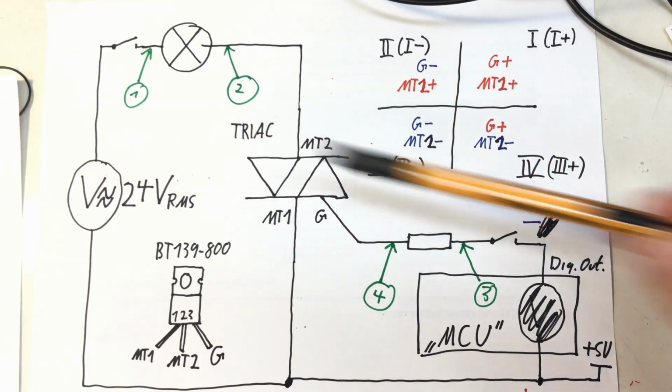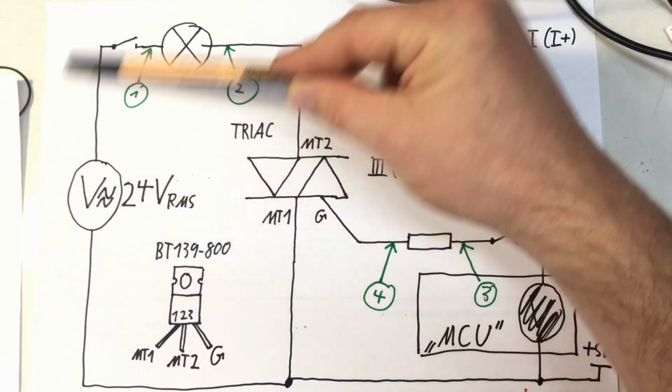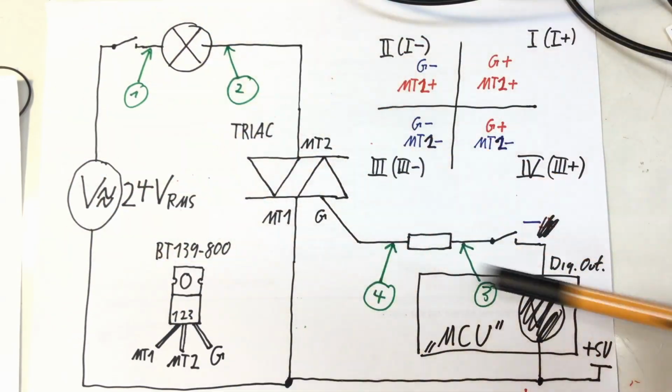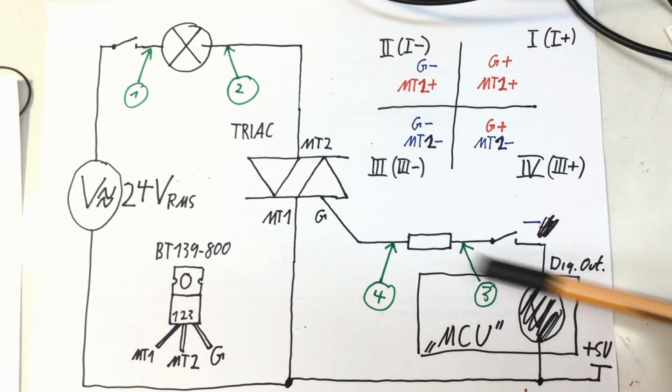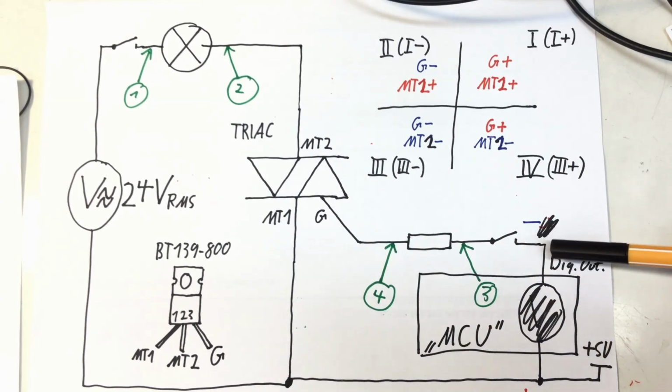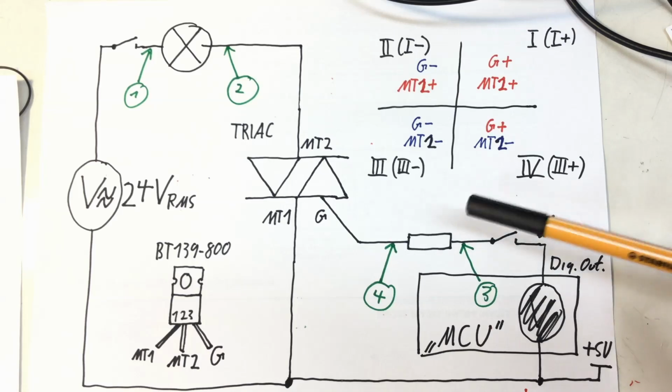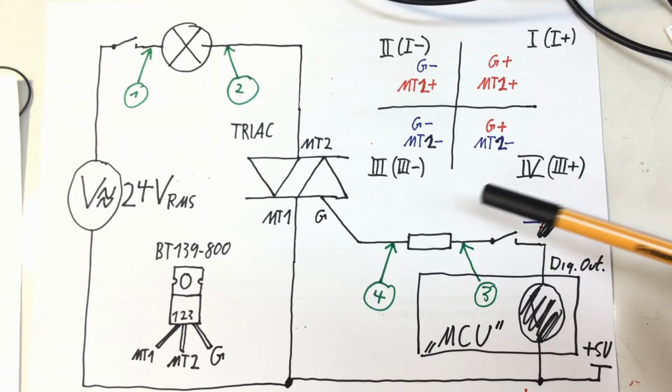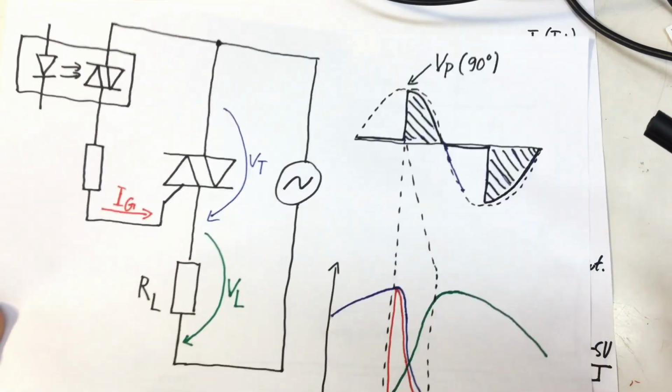So up to now we always experimented with some kind of this circuit here, where we have 2 galvanically isolated power supplies, one for the load circuit and one for the gate circuit. However, that's not the only way how to drive a TRIAC.